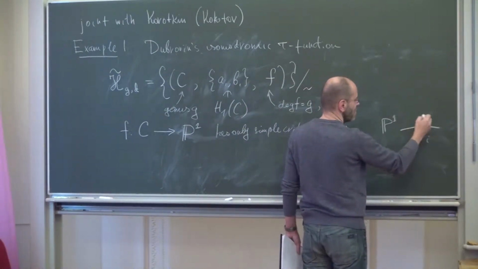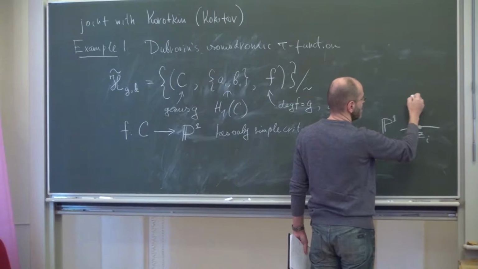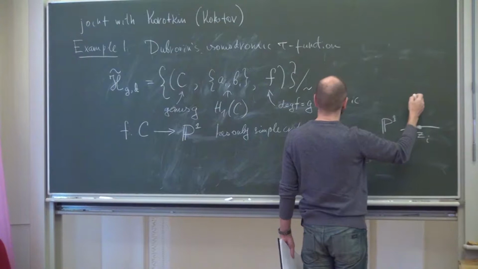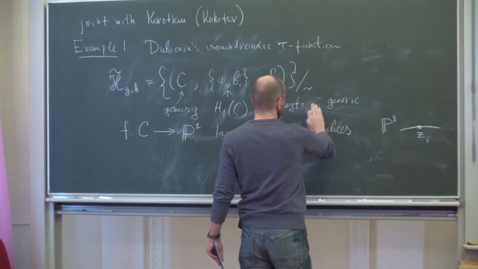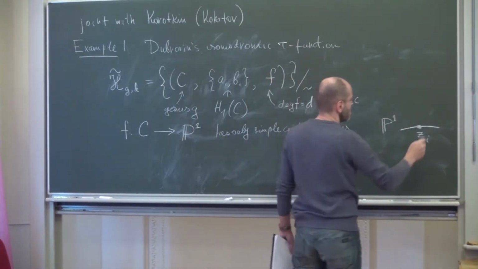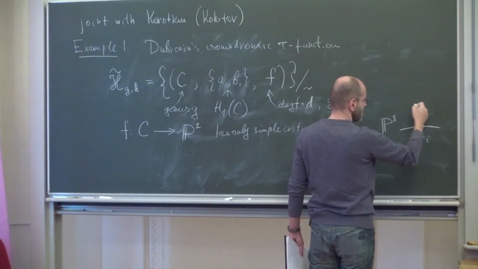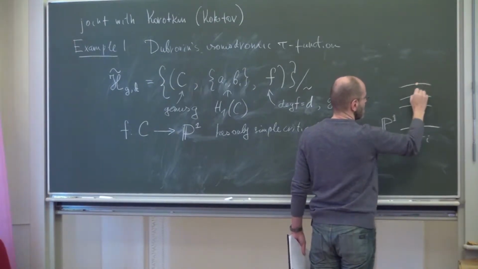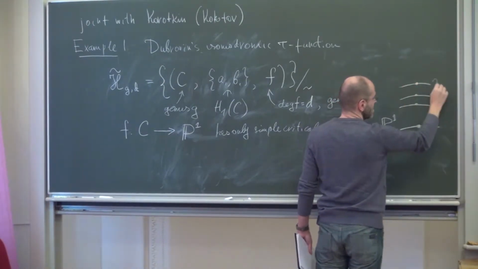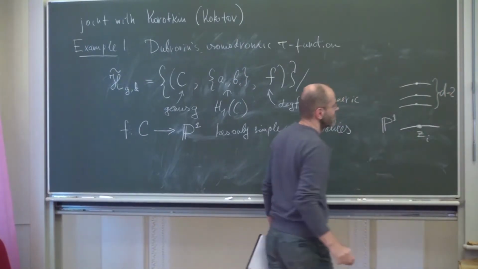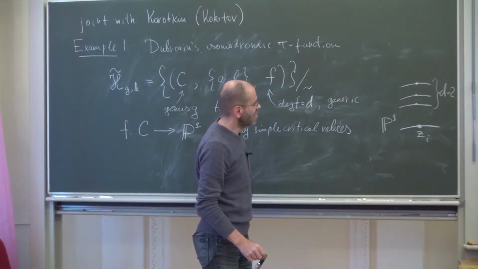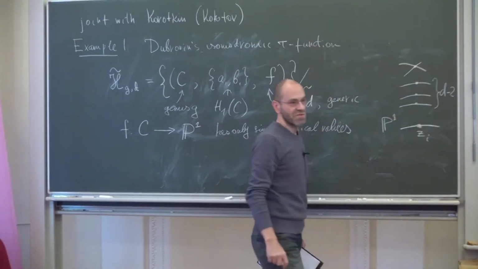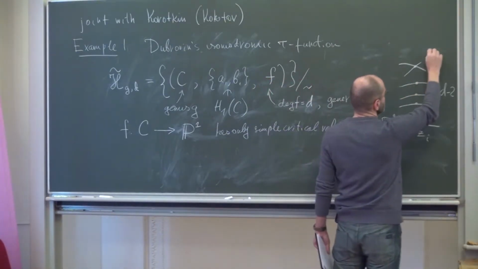And over this critical value, we have, sorry, that's degree d, of course, d minus 1 pre-images. d minus 2 of them are regular points, and there is just one critical point of order 2.